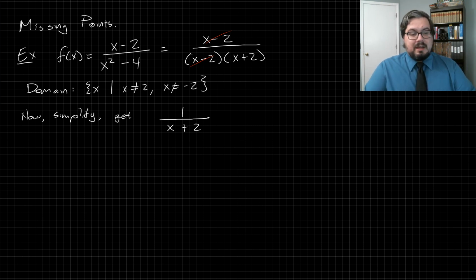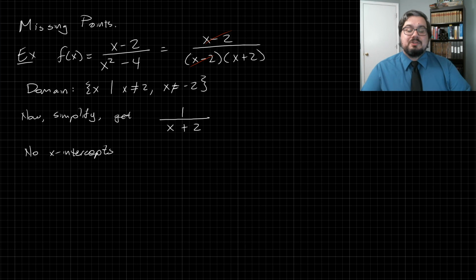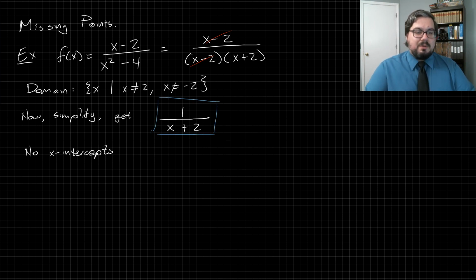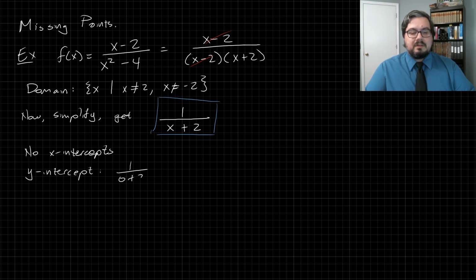So we can figure out that there are no x-intercepts, because the x-intercept comes from where the numerator is equal to 0, and the numerator of the simplified form is never equal to 0. So we have no x-intercepts. Our y-intercept is what we get when we plug 0 in. So our y-intercept is at the point (0, 1/2).